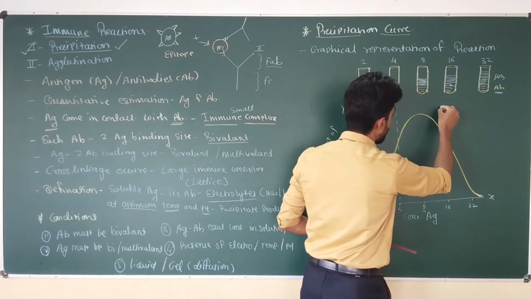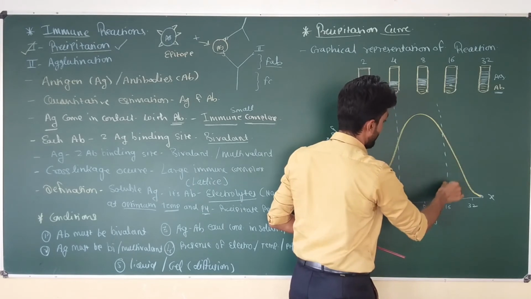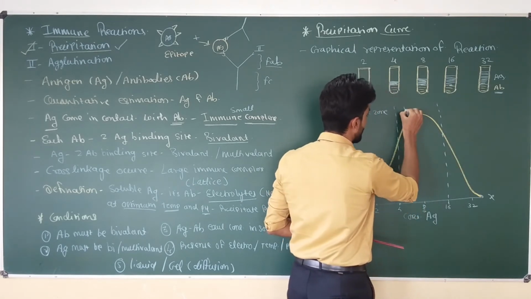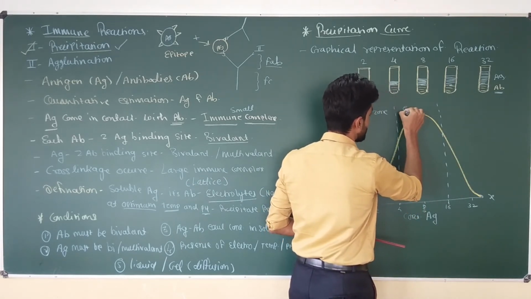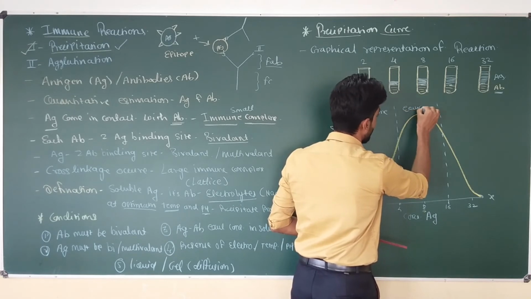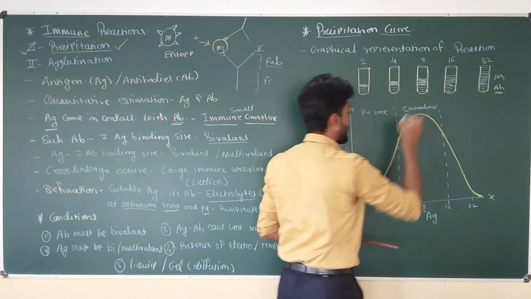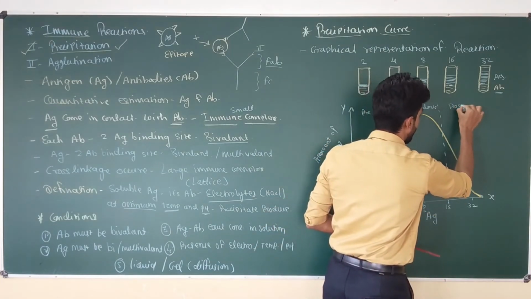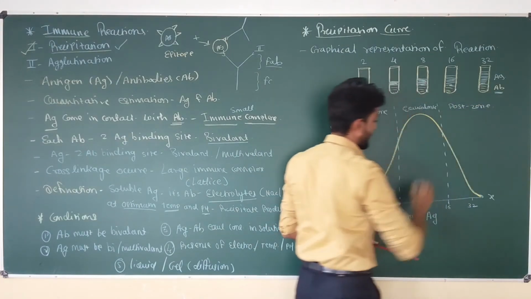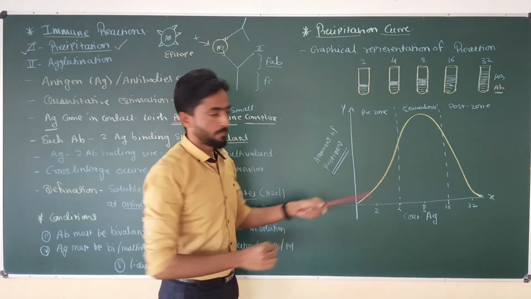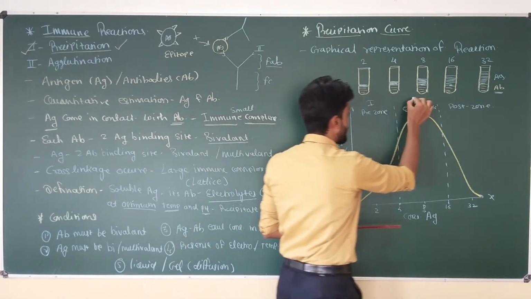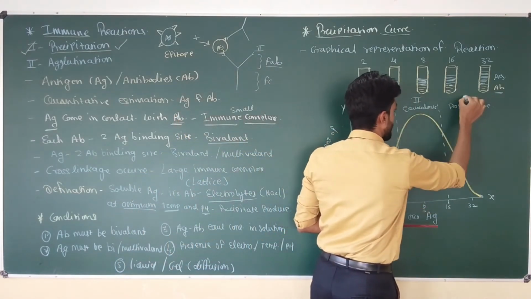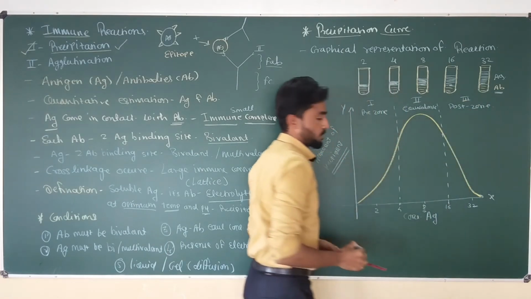Number 2 is the zone of equivalence. And number 3 is Postzone. So we can divide the precipitation curve into pre-zone, equivalent zone, and post-zone.